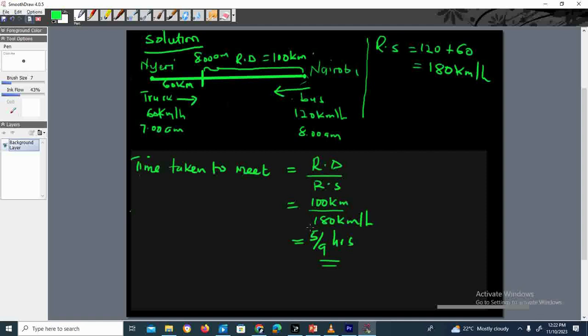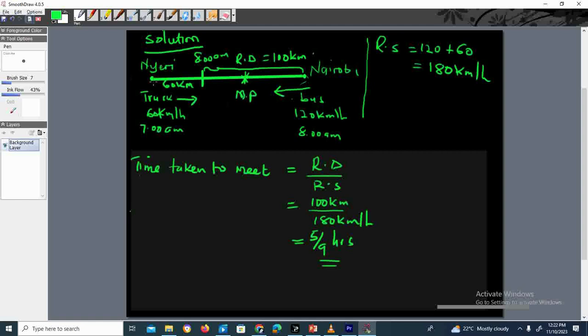So that means from 8 a.m. the bus will travel 5/9 hours to the meeting point. The truck will also travel for the same 5/9 hours to the meeting point. So now we calculate the distance of the meeting point from Nyeri. So I want to call this my meeting point, MP.